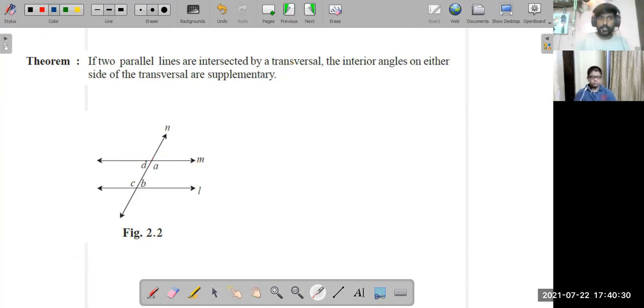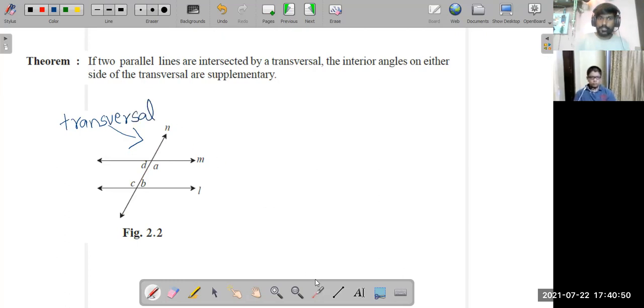Two parallel lines M and L are parallel to each other, and N is the transversal.